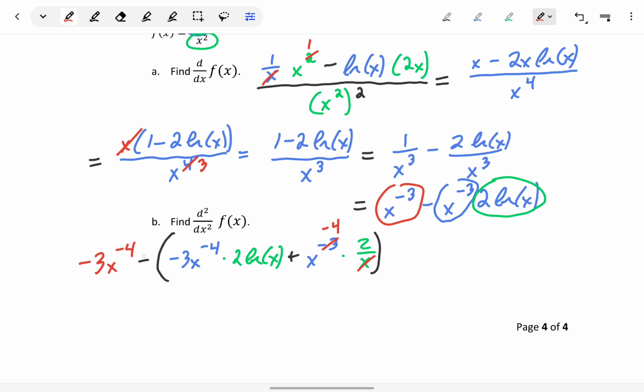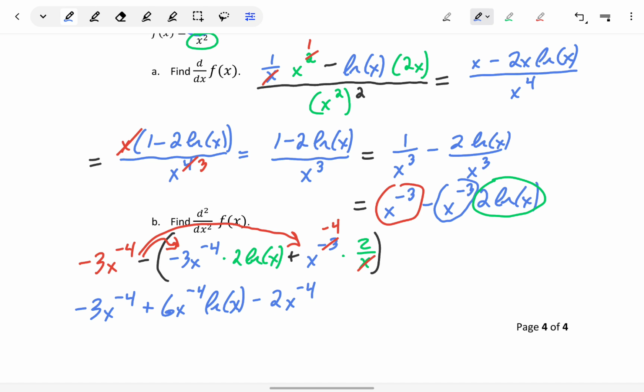And then we'll also need to distribute this negative through to get negative 3 x to the negative fourth plus 6x to the negative fourth times the natural log of x minus 2x to the negative fourth.